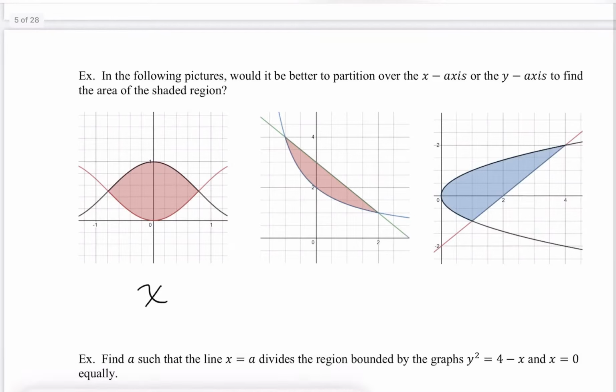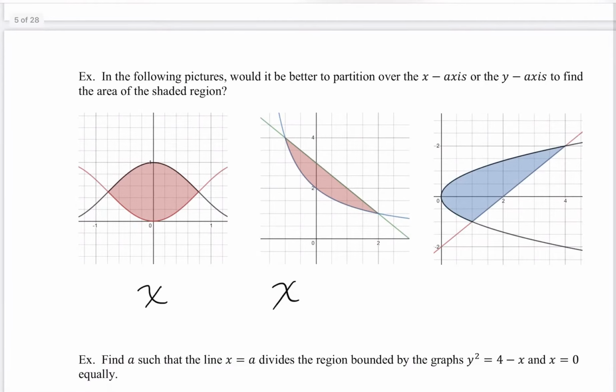All right, on the second one, if we think about partitioning using functions of x along the x-axis, functions of x look good. Top curve and bottom curve stay the same throughout. And that's probably what we gravitate towards if given a choice. But depending on how the functions are given to us, what if the problem just so happened to give me these solved as functions of y?